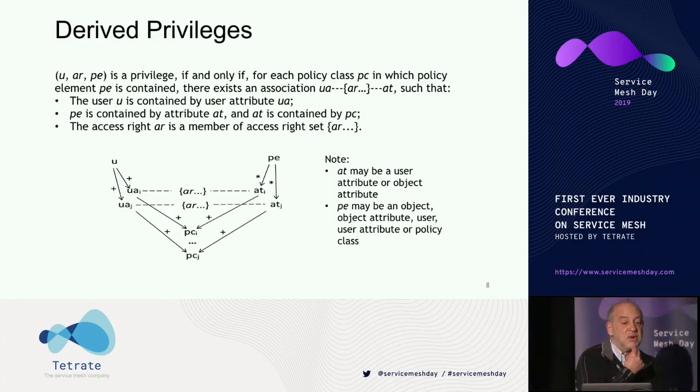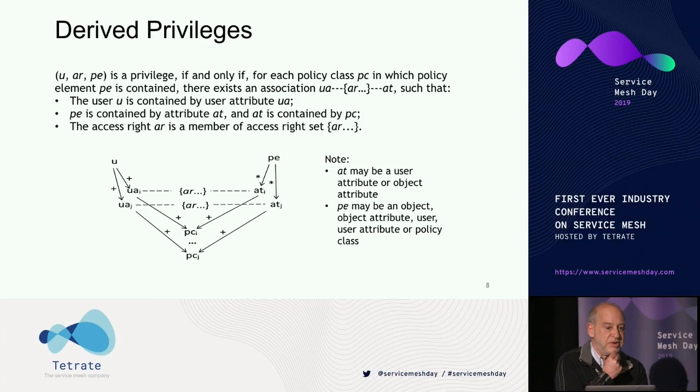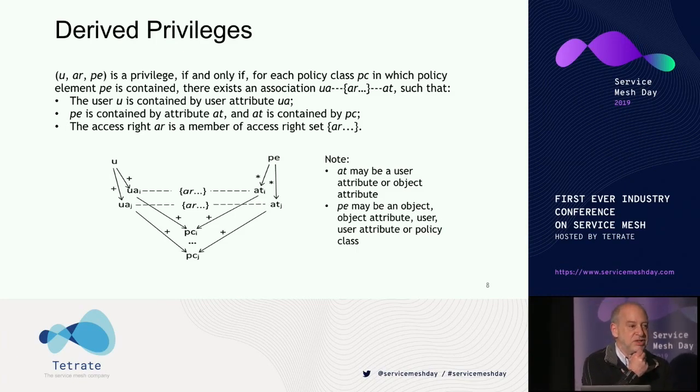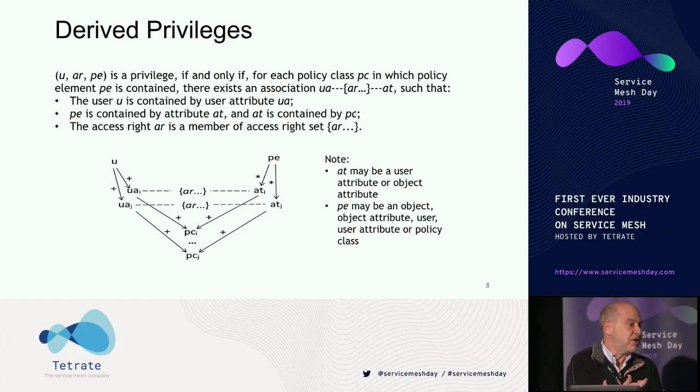So the NGAC doesn't store privileges, we derive privileges. So a privilege is really a derived relation. It's made up of a triple, and that derived relation, a privilege, may pertain to administrative privilege or a resource privilege, so it's very generic.